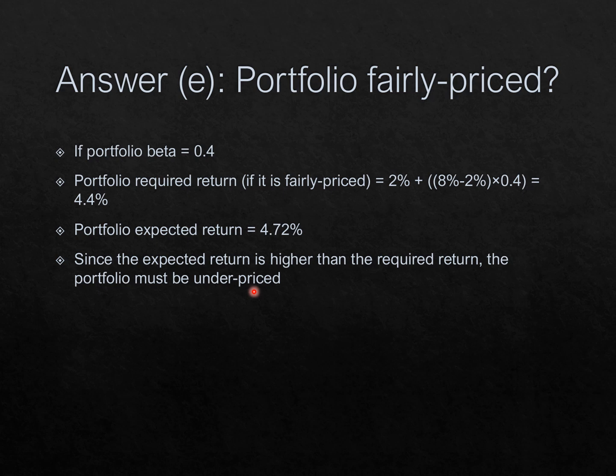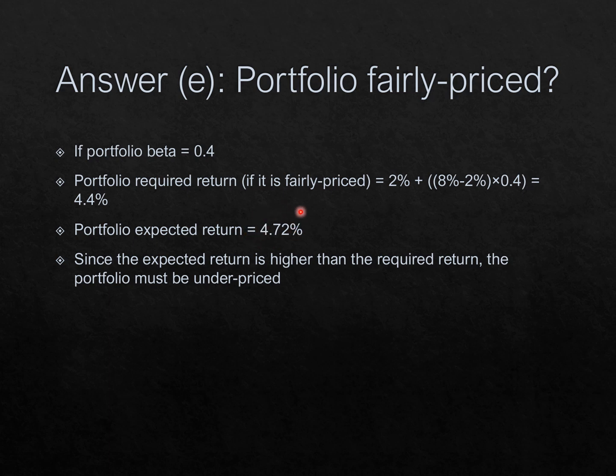Why is it underpriced? Remember, the expected return is too high compared to what is suggested by CAPM. CAPM tells you that the portfolio required return should be 4.4%, but your estimate of the portfolio expected return is 4.72, which is higher.